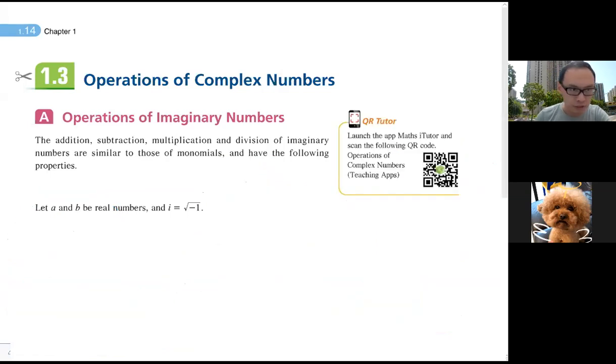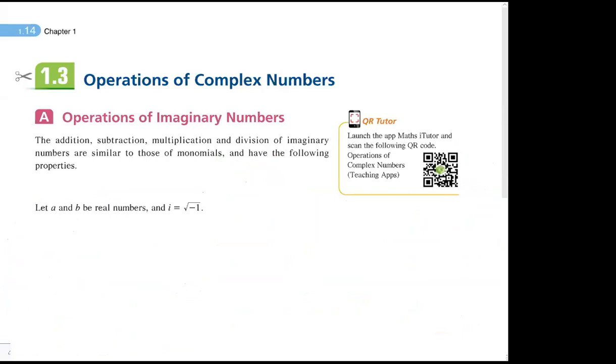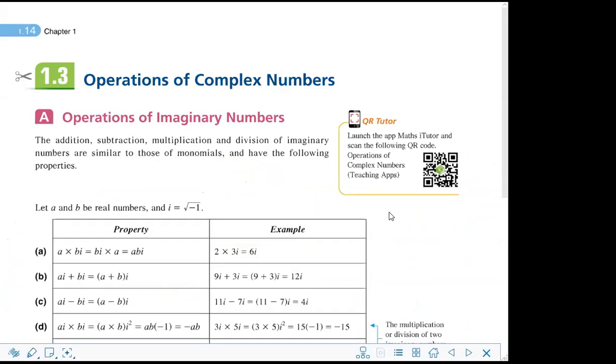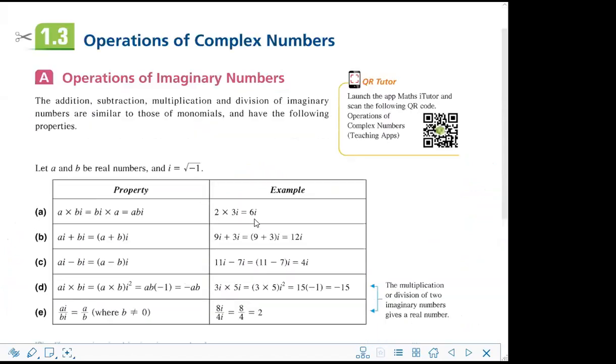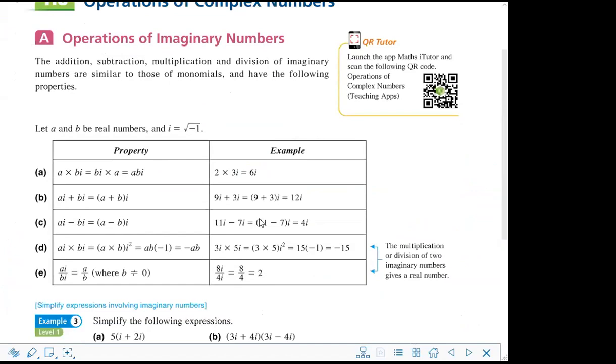Page 14. So let me go back to the textbook and clear this. Okay. So it is page 14, and we are going to do many calculations among the complex numbers. We need to add 2 complex numbers together, or subtract, or multiply, and divide.